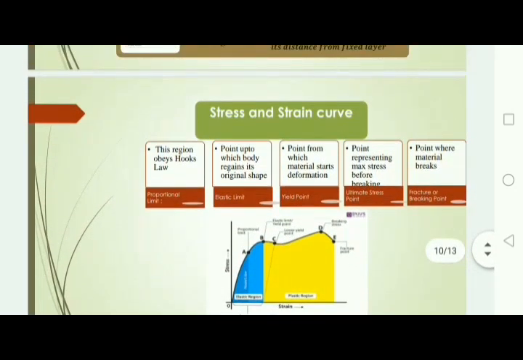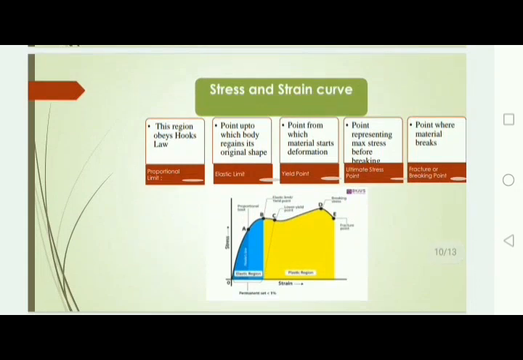Here we have to define the stress strain curve, and you will be able to know a few concepts here. What is this stress strain curve?